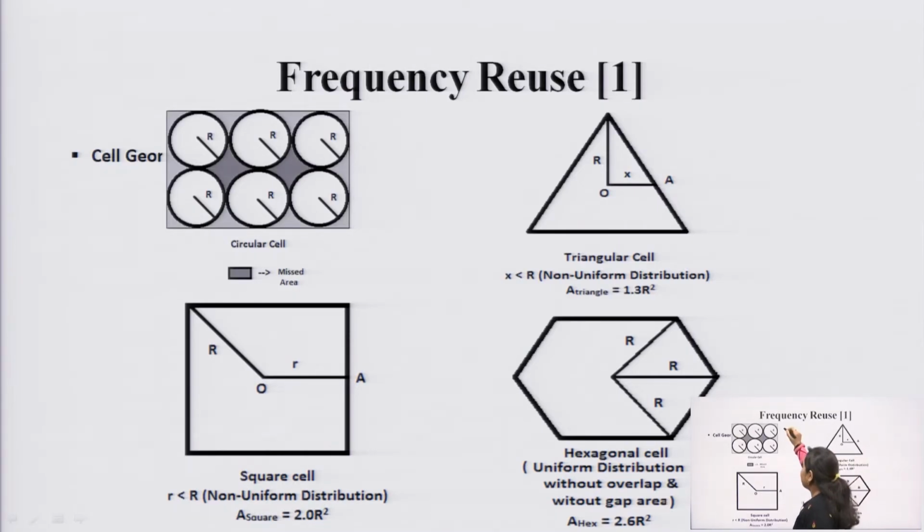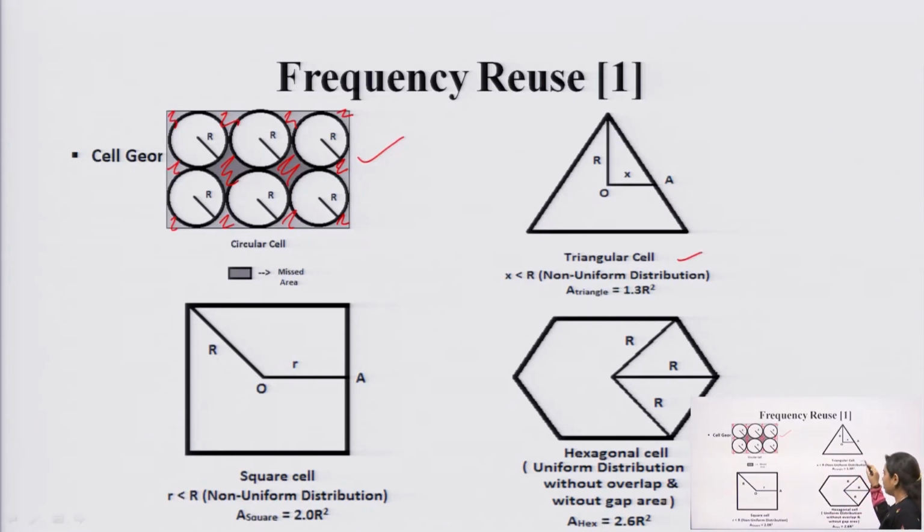Now, you can see when a circular shape cell is considered, these are the void spaces, which means any subscriber or any person living in this area, here or here, will not be able to access the internet, will not be able to access the channel, will not be able to make a call from this particular place, because it is not covered under any of the cells. So, these are the missed areas.